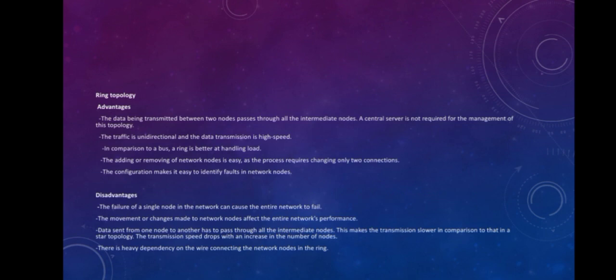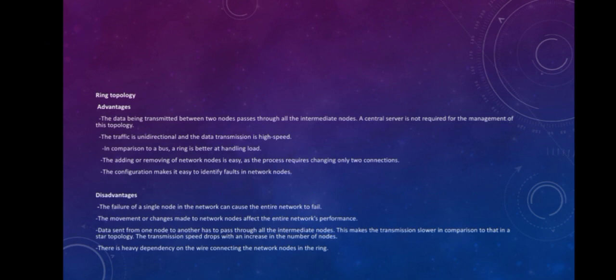In comparison to a bus, a ring is better at handling load. Adding or removing network nodes is easy, as the process requires changing only two connections. The configuration makes it easy to identify faults in network nodes.